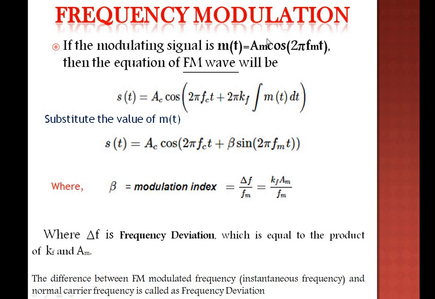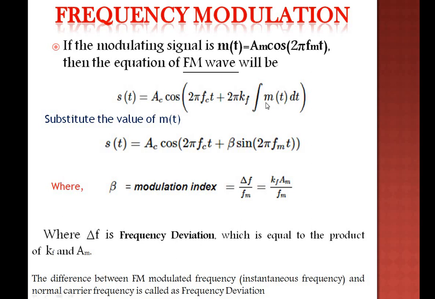pi fmt. The integration of cos theta is sin theta, correct? So I am giving it as sin theta, and this beta value I am substituting. What is the beta value that you will be giving over here? That whole term I will give as beta, right?